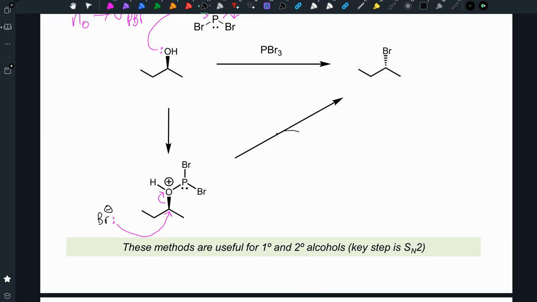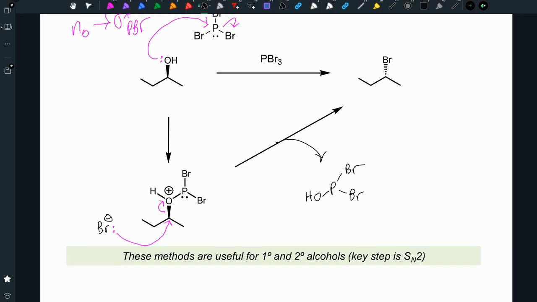There is a byproduct here of PBr2OH. But this is another effective way to turn an alcohol into an alkyl halide. So they're useful for primary and secondary alcohols because, again, this is an SN2 step.